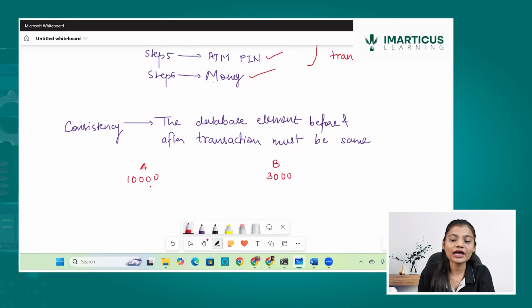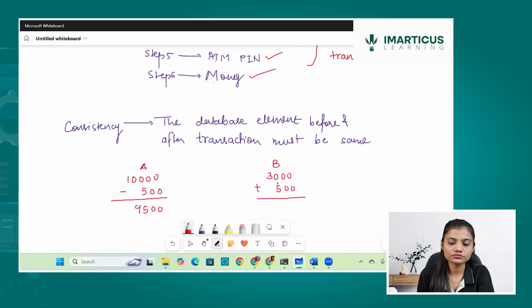Now I say I want to transfer 500 to you. So from my account it will be debited, and my final account balance would be 9,500. And in your account it is credited.